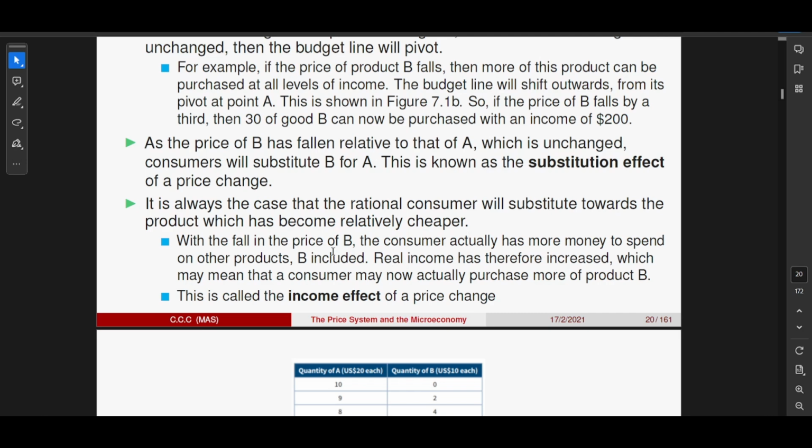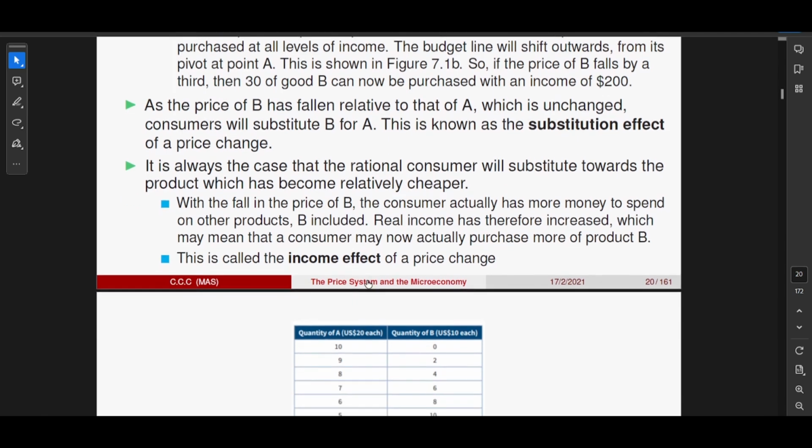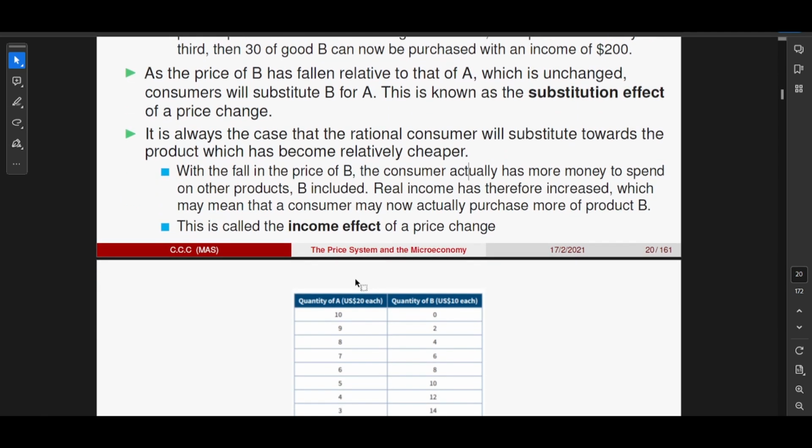With the fall of the price of B, the consumer actually has more money to spend on other products, so real income has therefore increased, which may mean that the consumer may now purchase more of B. This is called the income effect of a price change.